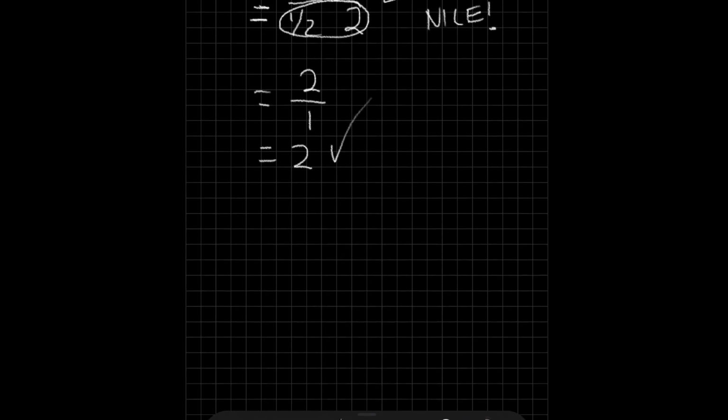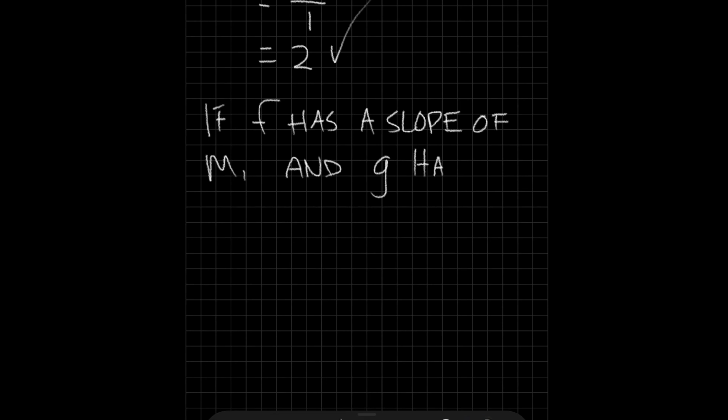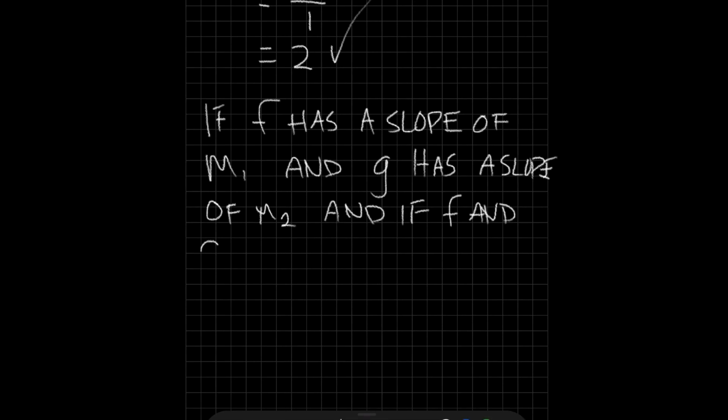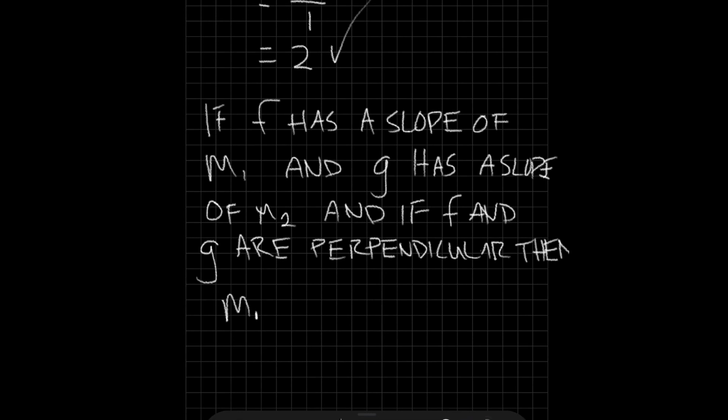Another way that you can check if two lines are perpendicular: if f has a slope of m1 and g has a slope of m2, and if f and g are perpendicular, then m1 multiplied by m2 should give you negative 1.